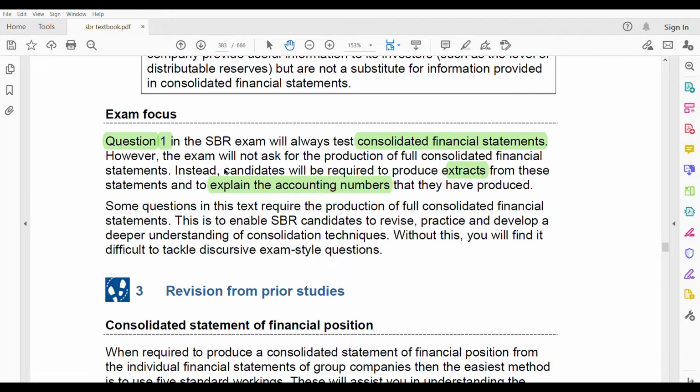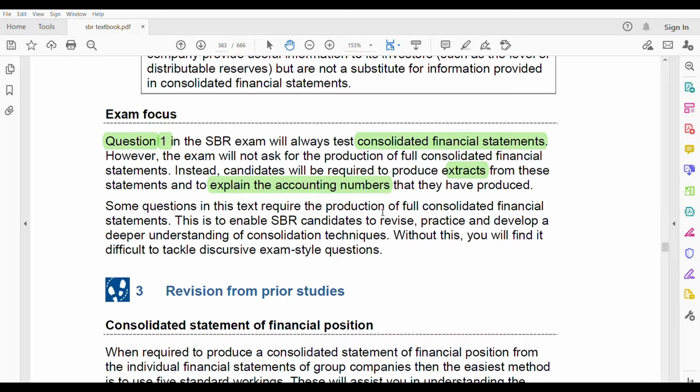They're simpler, they're shorter. Because through making a full consolidated financial statement, you will learn the rules also. You will know, okay, this I should consolidate. This should be written like this. This should be recorded under this. Because directly if you go to do extracts, go to exam style questions, you will find it a little difficult. You will find it very tough.